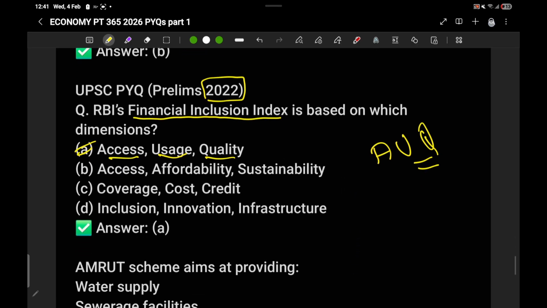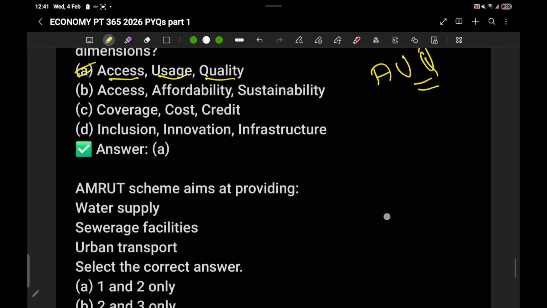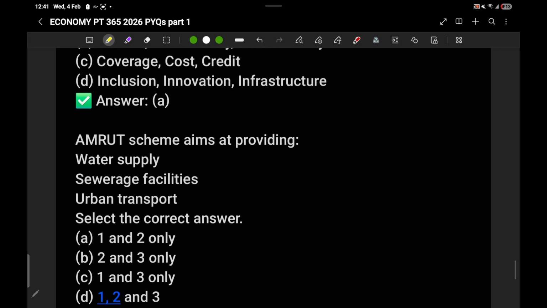Next question. So this is the last question. The AMRUT scheme aims at providing which among the following out of three? Option 1, water supply. 2, sewage facilities. 3, urban transport. Take a pause.